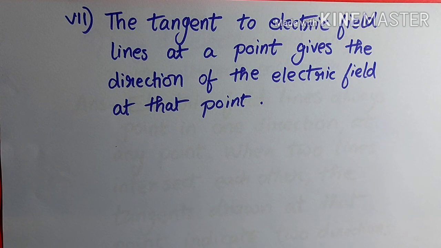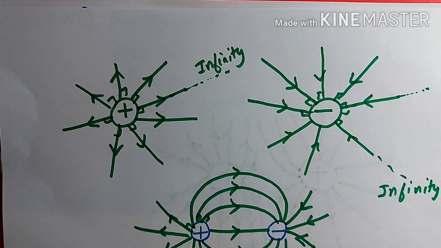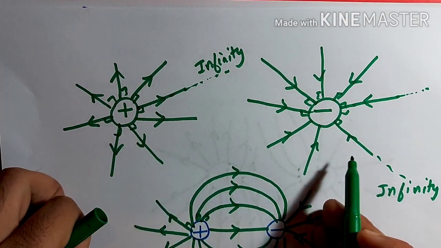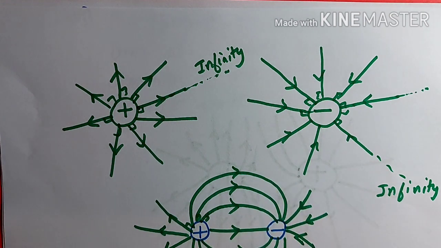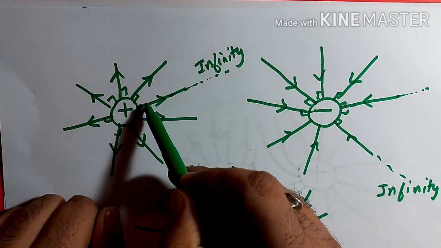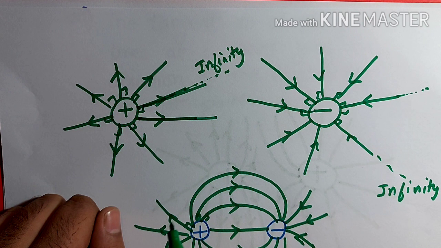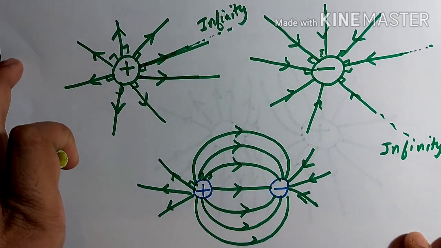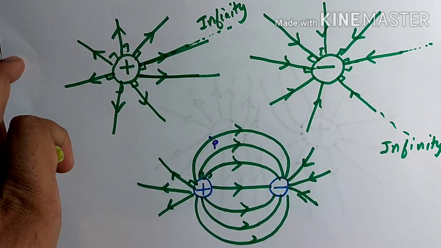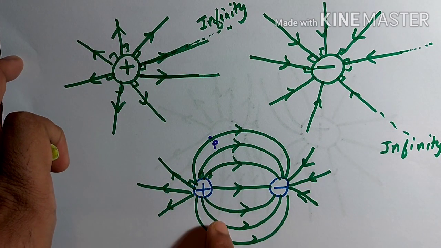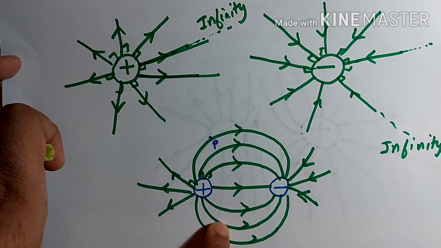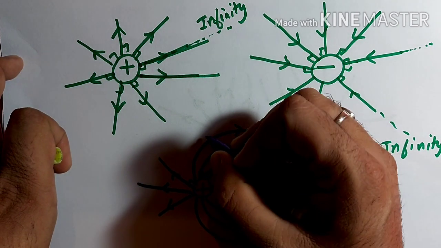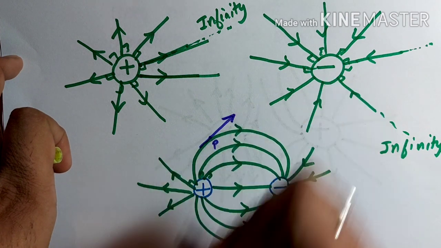Now, in case of a single charge, it won't be clear because the tangent is along this line. But in case of a dipole, you will observe that at this point P, the direction of electric field is this side.